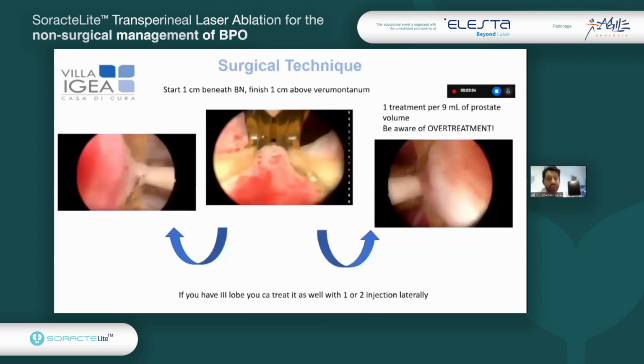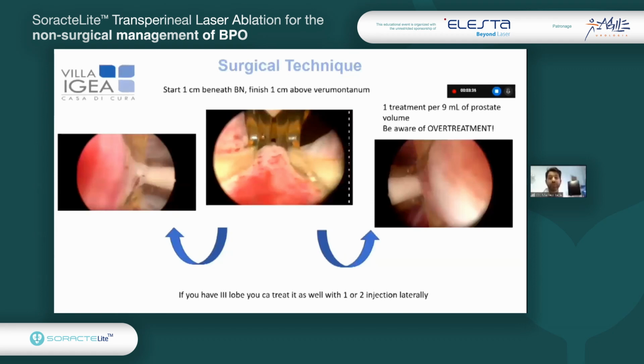After you've measured the prostatic urethra, you turn 90 degrees left and 90 degrees right, and you go with your injection. How many injections do you have to make? As I've already said, it depends on the fields of view, but we have a formula. McVary told us with his research that we should use one treatment per 9 millimeters of prostate volume.